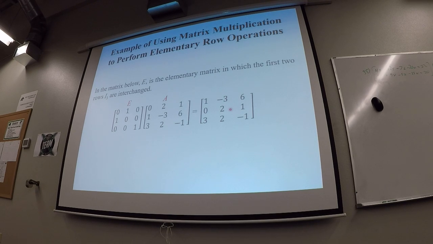The first 2 rows are switched. So there's a relationship between these elementary matrices and what happens to the original matrix. So it goes from an identity to an elementary only because you've done one thing to it.